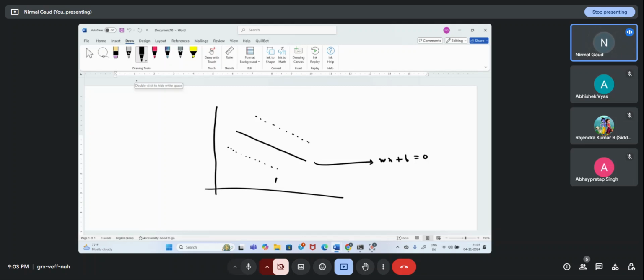You can say this is class A, this is class B. In the previous lectures, we have also studied that anything above the hyperplane is positive and below the hyperplane is negative. So this is the positive side above the hyperplane, and this is the negative side below the hyperplane.